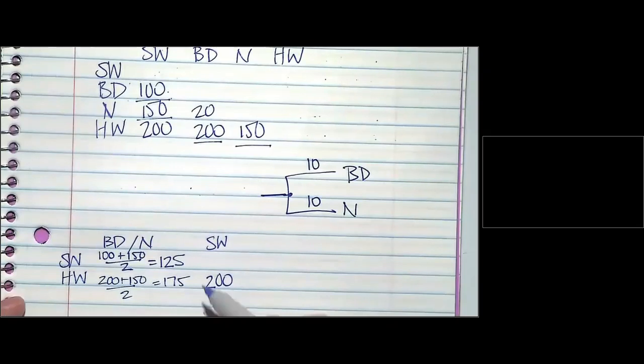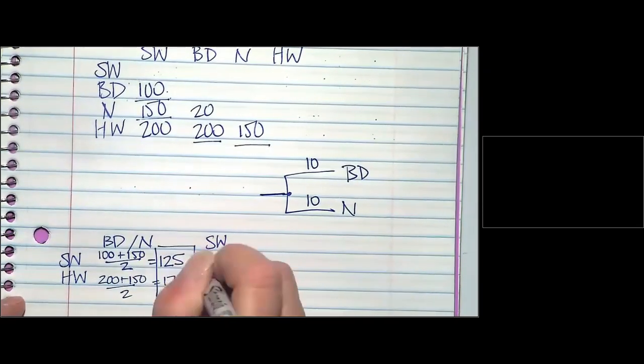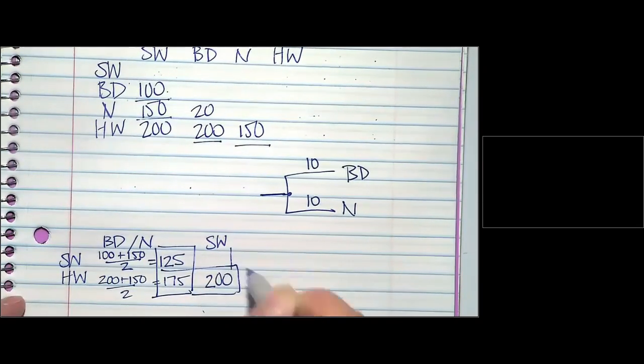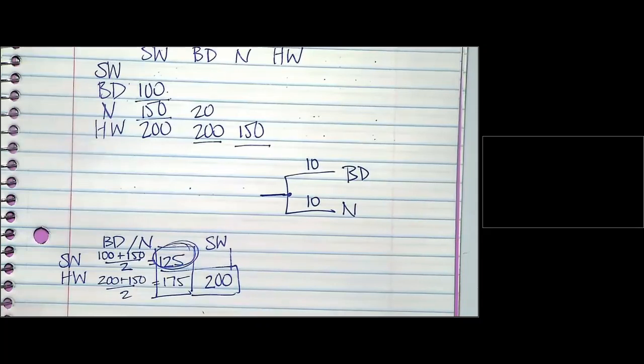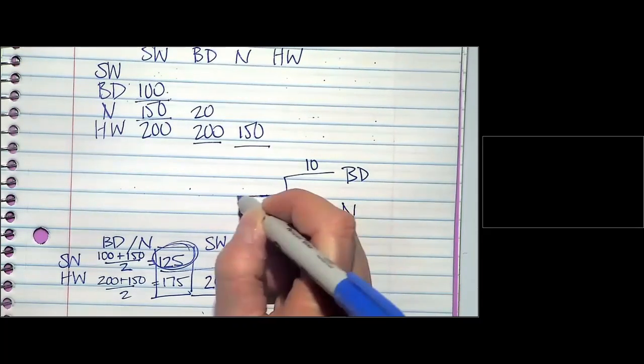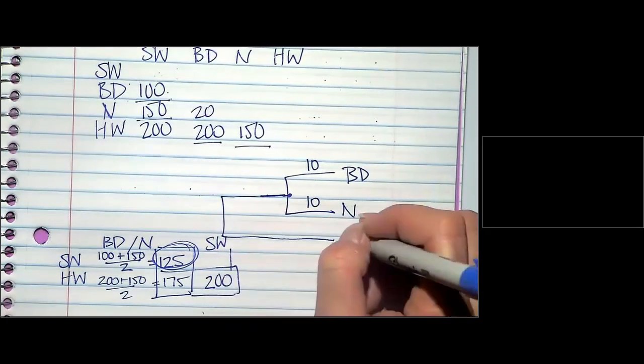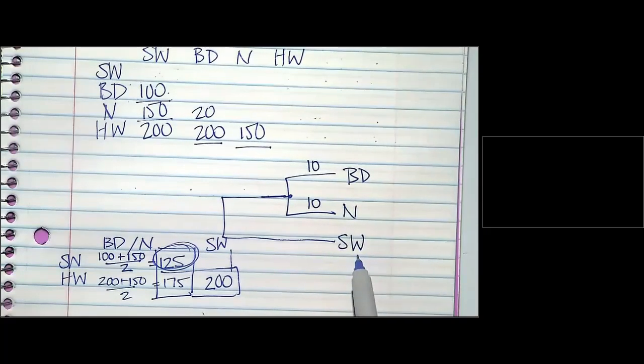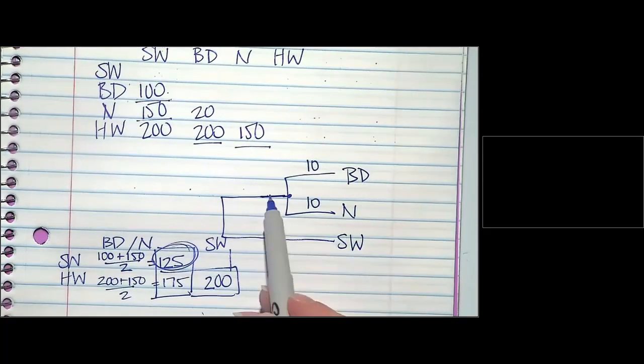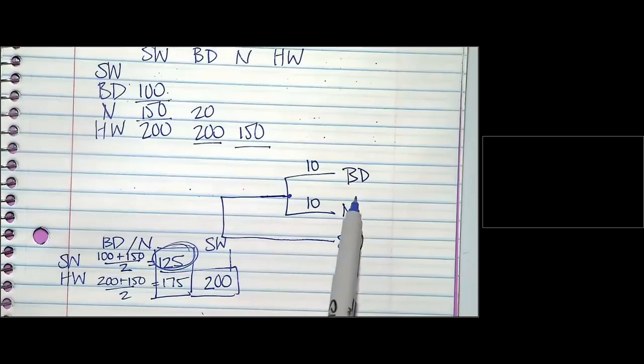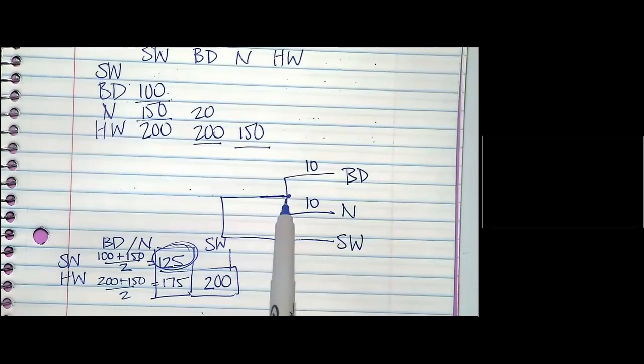So in our new chart, right here, what's the smallest number there? 125. So that tells us that the sperm whale is more closely related to the bottlenose dolphin and narwhal common ancestor than the humpback whale is.